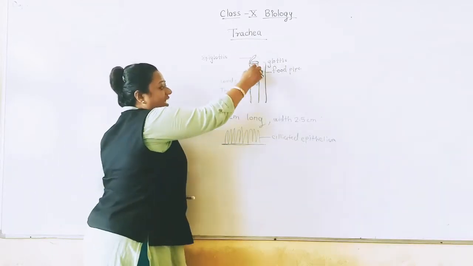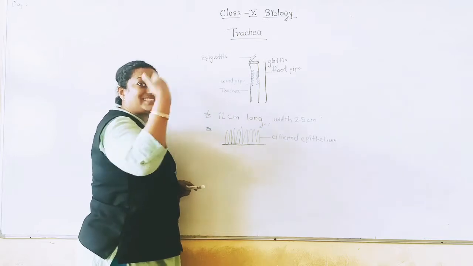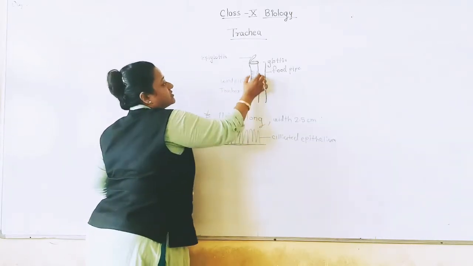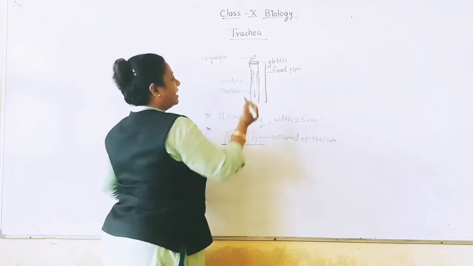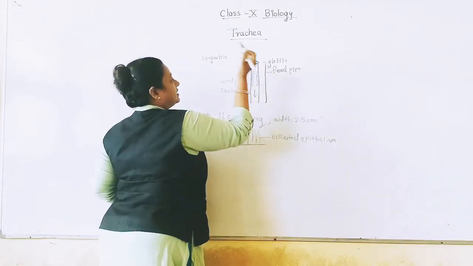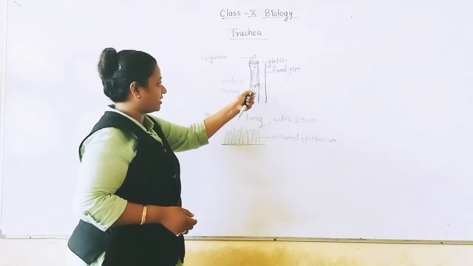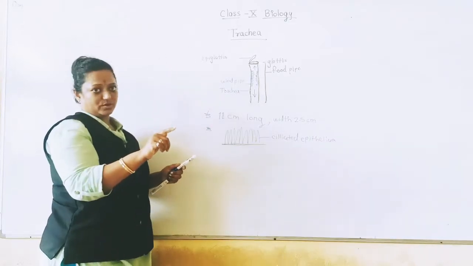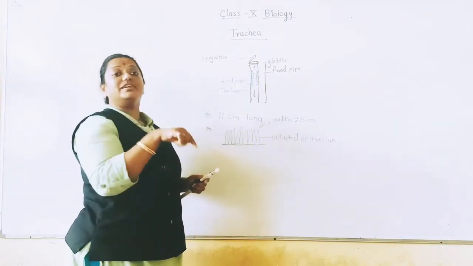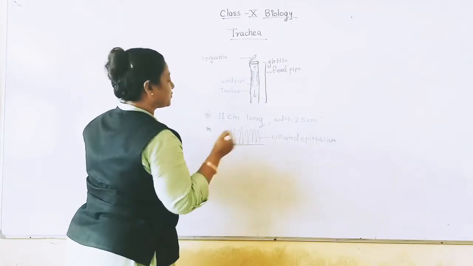Whenever we inhale, the air passes in this direction, and whenever we exhale, the air passes in this direction. So if any foreign particle is trapped here, it can go out. It will not enter the lungs. Understood, students? I hope you understand this point also.